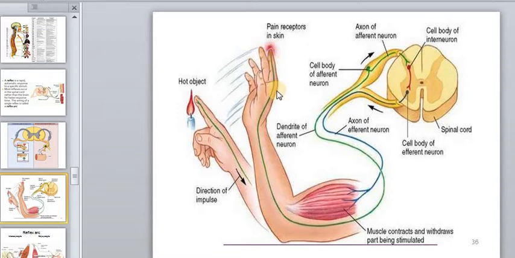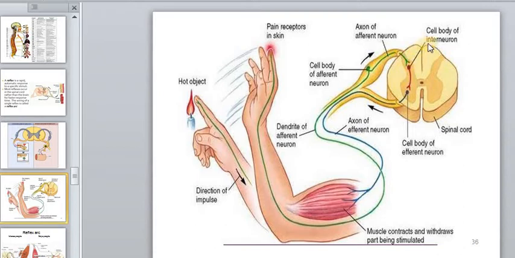The second is the sensory afferent neuron, here we see the green line, and this nerve impulse moves through the body to the spinal cord, in this case to the ganglion, where in this ganglion we can find the sensitive afferent neuron.